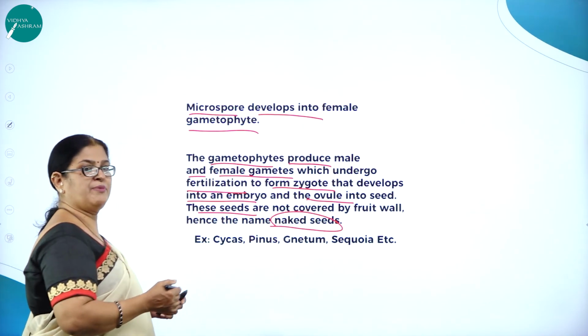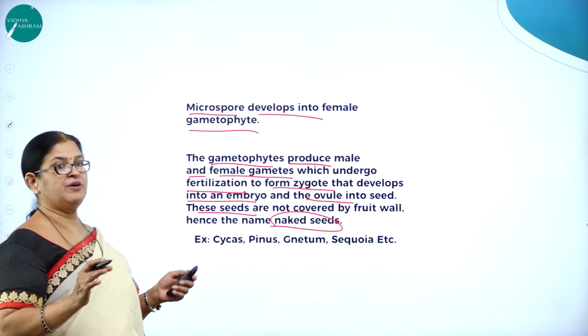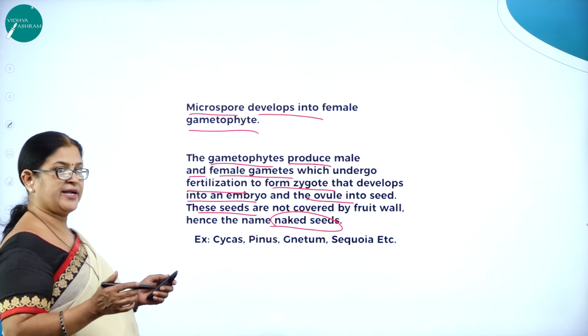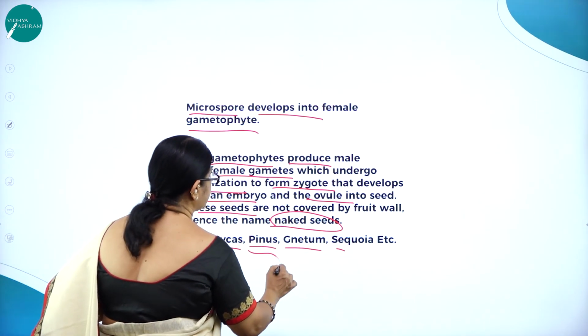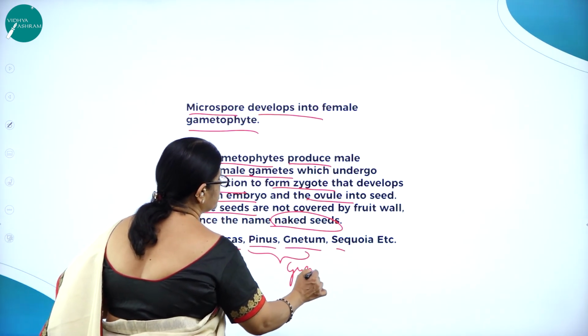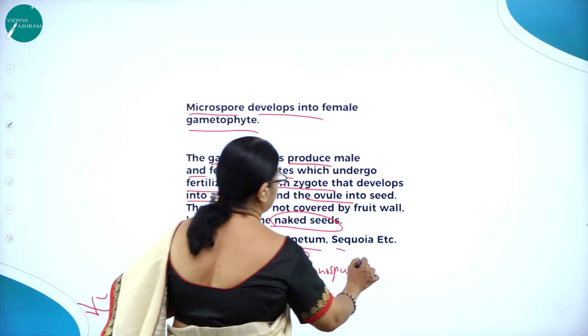For example, if you come across gymnosperms, we don't find the seeds covered by a definite fruiting structure, they are called naked seeds. For example, Cycas, Pinus, Gnetum, all these are the examples of gymnosperms. Gymnosperms are what?